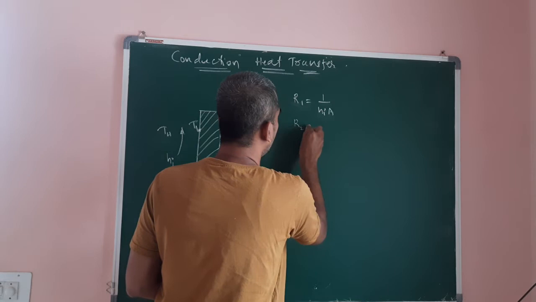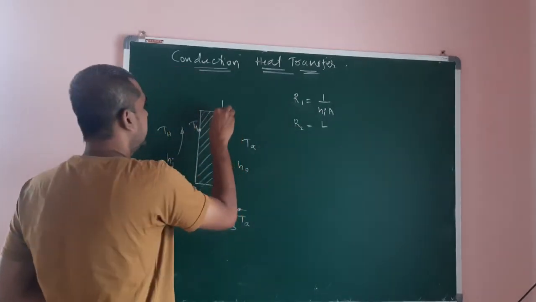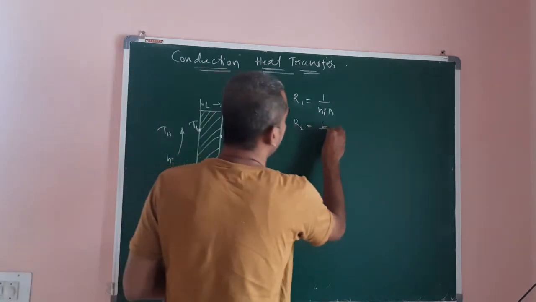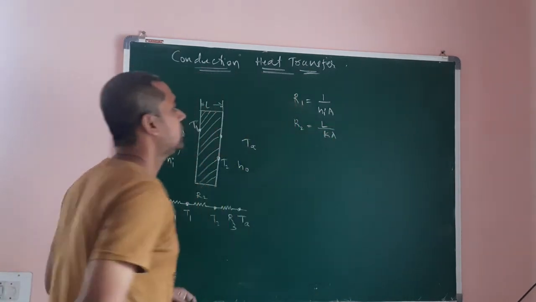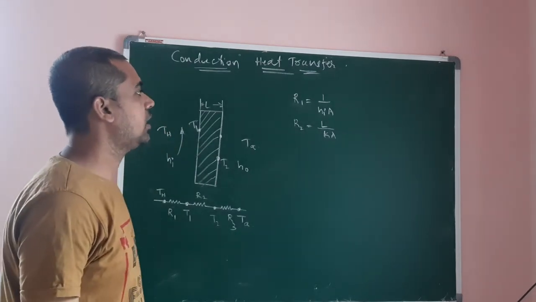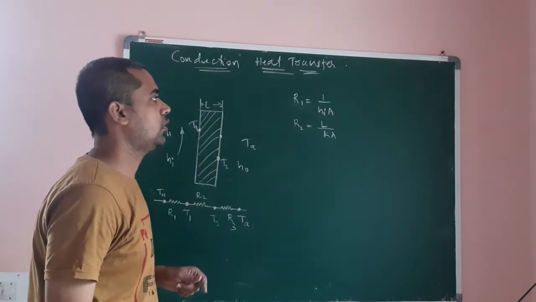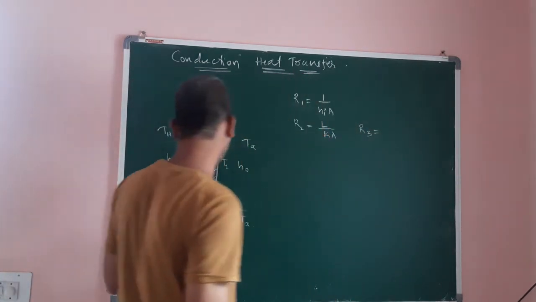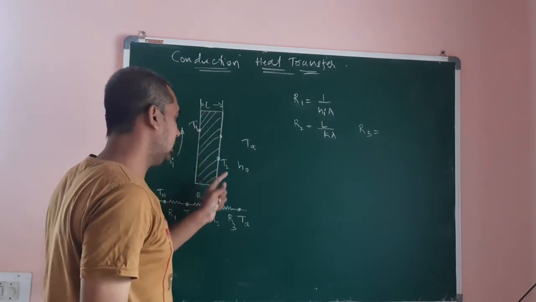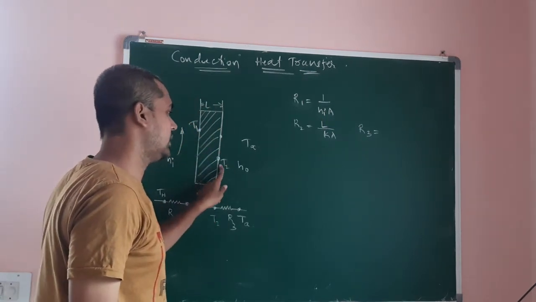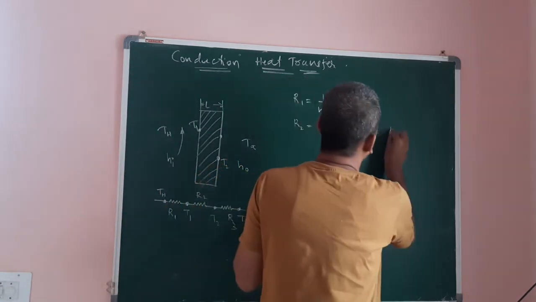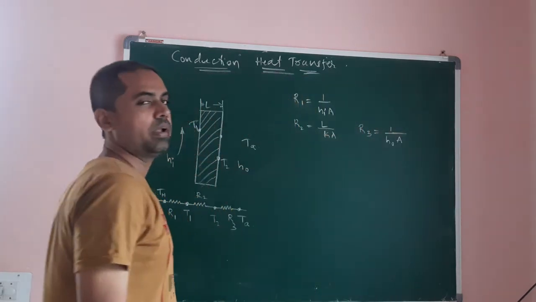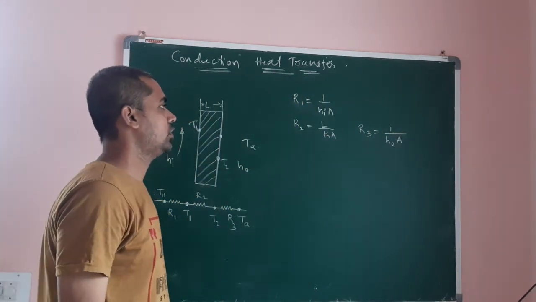Therefore R2 is equal to L divided by KA, where L is the length of the block, K is the thermal conductivity of the material, and A is the area normal to the heat transfer. R3: again there is convection heat transfer from the outside surface to the ambient, therefore R3 is equal to 1 divided by H naught into A.